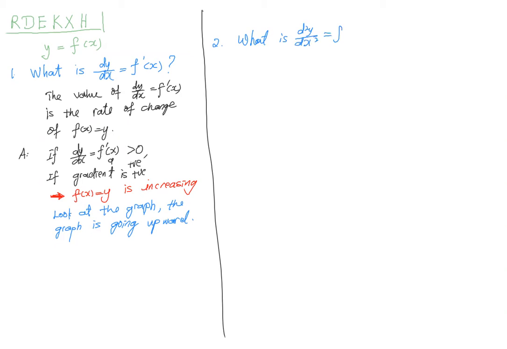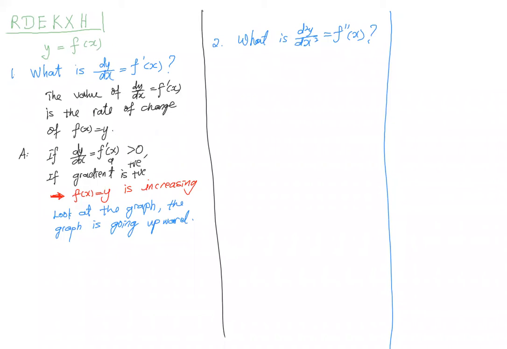That is f double prime x, the second derivative. Who can answer me? It's the rate of change of the gradient of y equals fx.